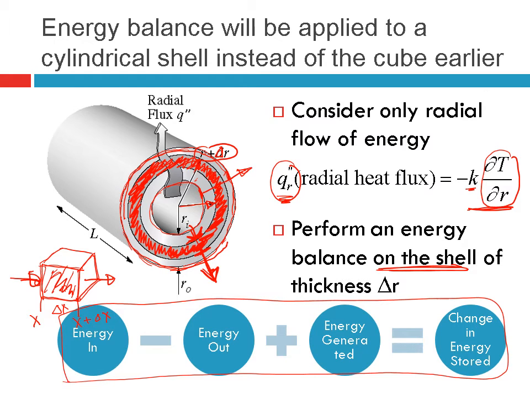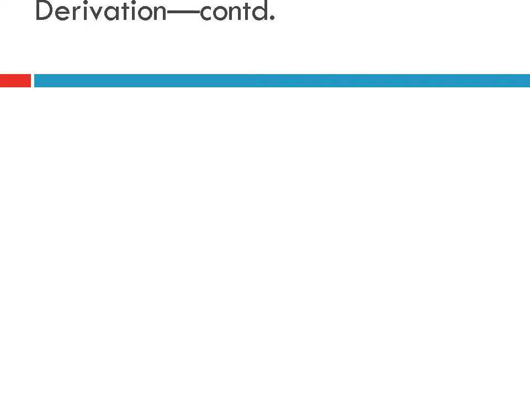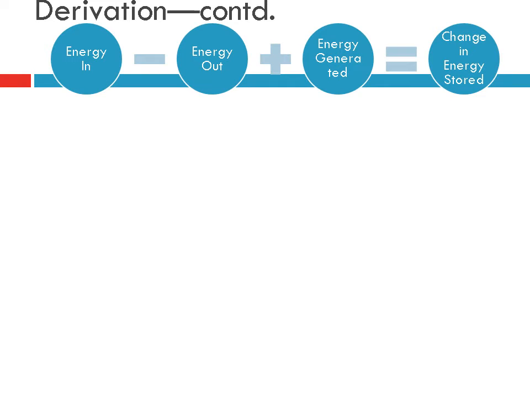We're going to see how much energy came into this control volume and how much energy came out. We're now going to write the four terms in our energy balance: in, out, generated, and change in storage.